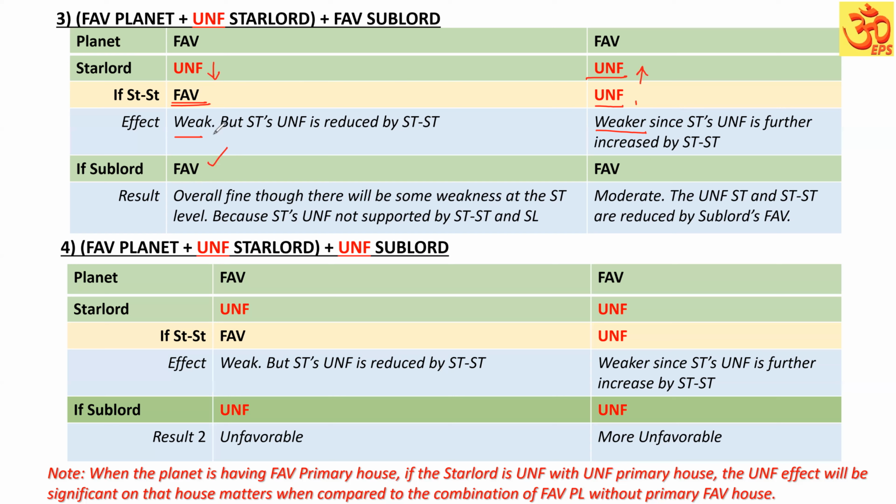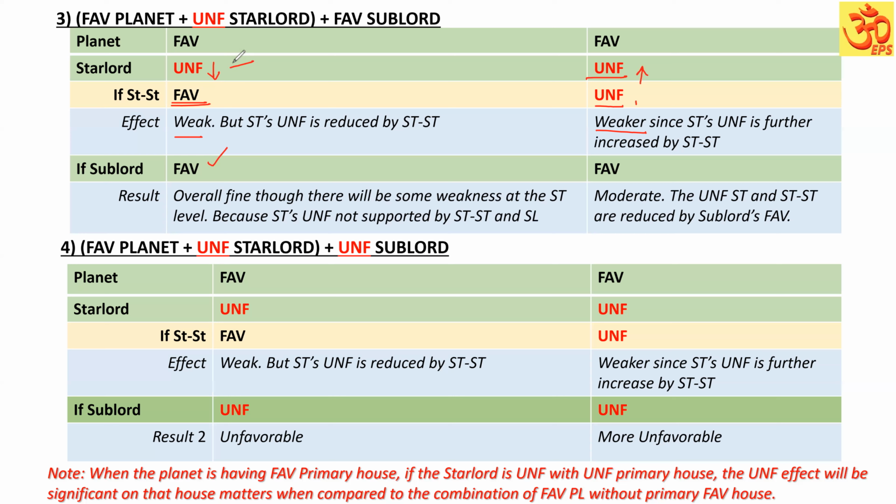The sublord is favorable. So it is weak, but not unfavorable. The sublord planet is favorable, so overall the result is going to be fine. Though there will be some weakness at the star level, that is the execution level, because the star lord is unfavorable, not supported by the star lord of the star lord and sublord.